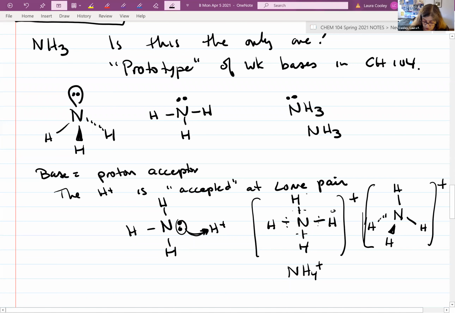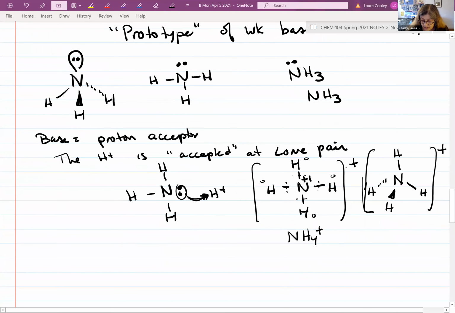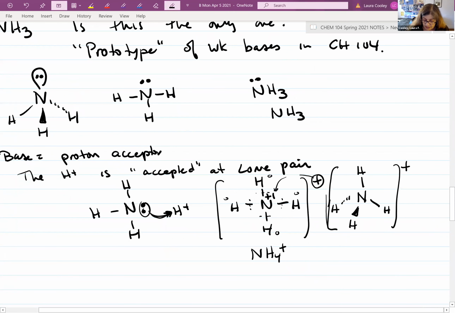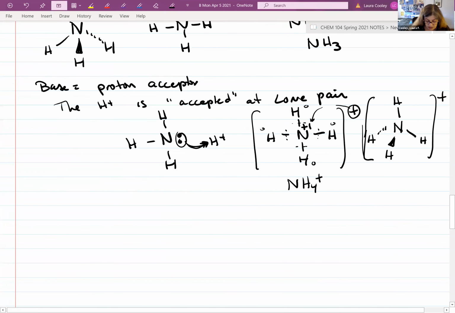So you have a formal charge of 0 on each hydrogen, but the nitrogen only has 4 electrons this way, and it normally has 5. So that makes the nitrogen have a formal charge of +1, which is why you have this plus charge here. That's where it is. It's on the nitrogen in the NH4 plus. So that's probably more detail than anybody wanted.